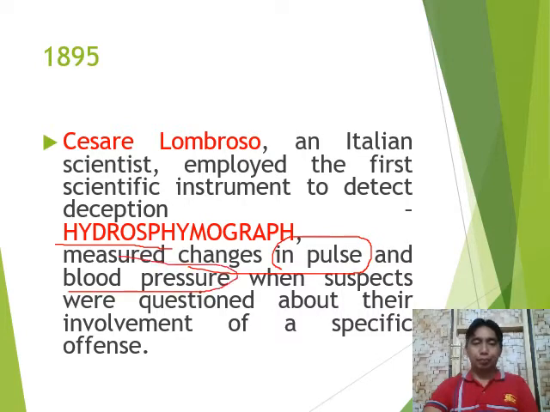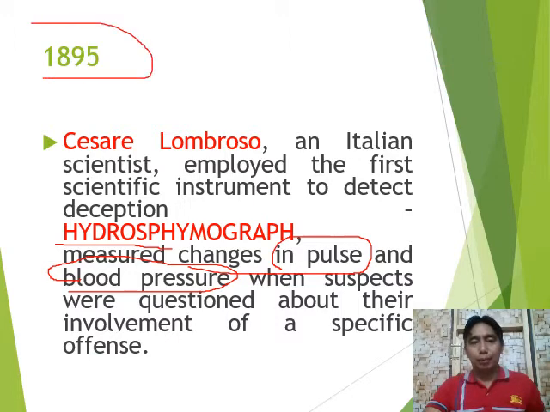As you can see, it measures only one of the physiological activities of the body. Pulse rate only, and then blood pressure, and you know that pulse is also connected to blood pressure, so it is monotonous. It records only one of the activities. But take note, that was in 1895, and he already used that in investigating a case. So that was Cesare Lombroso.